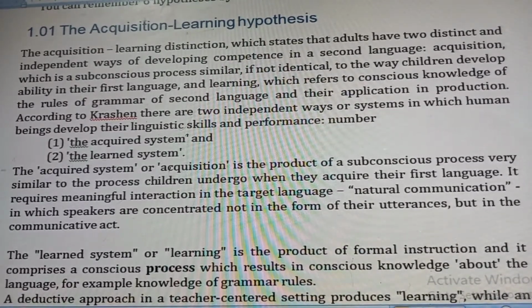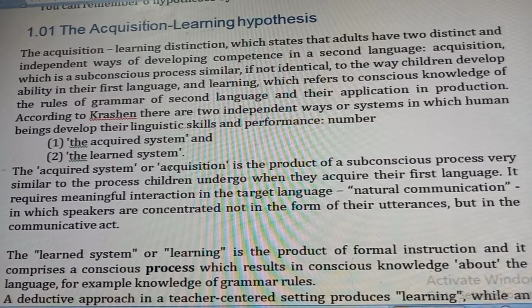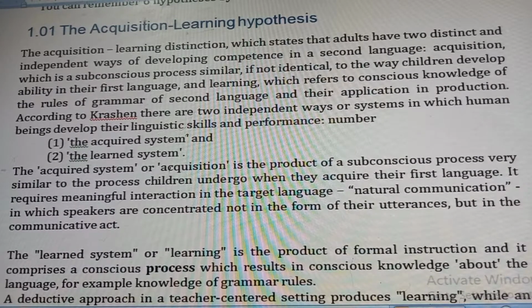The learned system, or learning, is the product of formal instruction and it comprises a conscious process which results in conscious knowledge about the language. For example, knowledge of grammar rules.